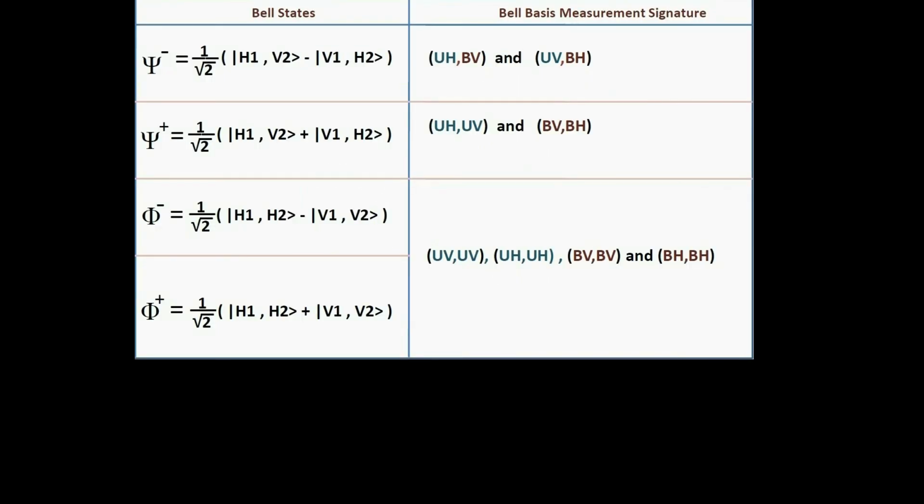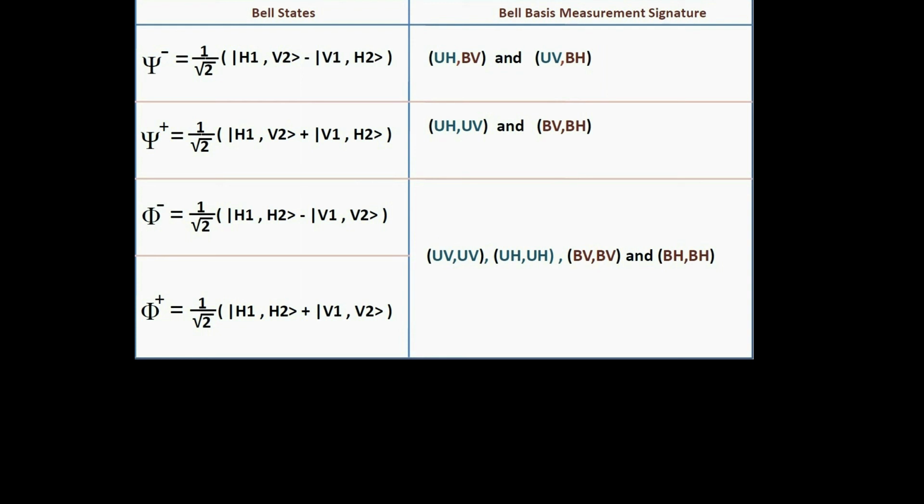There are two output channels, upper and bottom, and each channel has a polarized beam splitter. So these are the possible paths of a photon, ending up with UH, UV, BH, and BV. These are the possible signatures for two entangled photons, and the Bell state is identified by these categories.